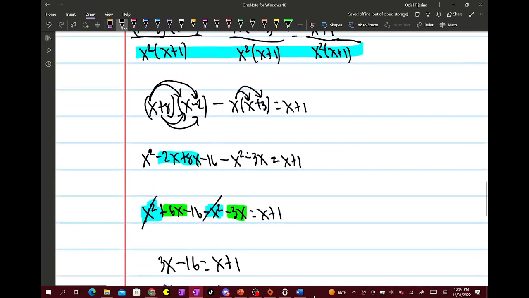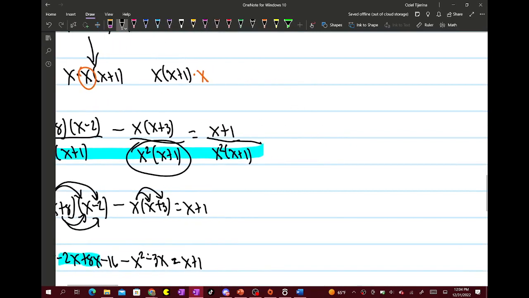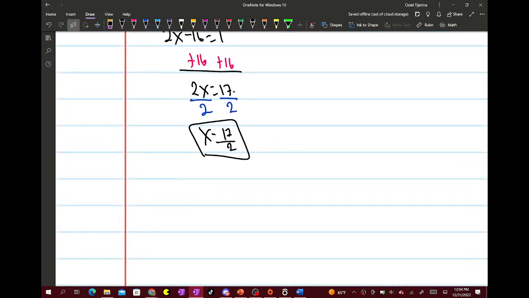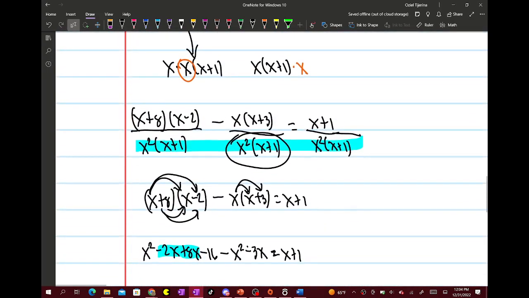The only thing is, when you set the bottom equal to 0, as long as you don't get the same thing as what you got for your answer, then it checks out. Otherwise, it wouldn't work. So that is how you do this first one.